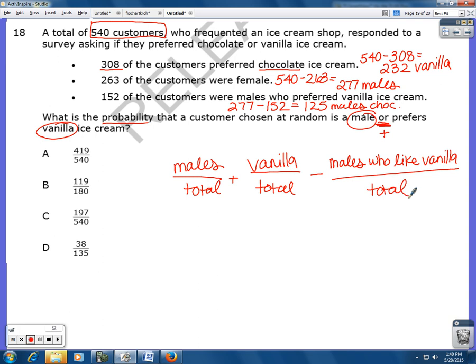So all the males, we saw here that we have 277 males out of a total of 540 people. Plus, 232 like vanilla out of the total, 540. And then subtract out the men who prefer vanilla.